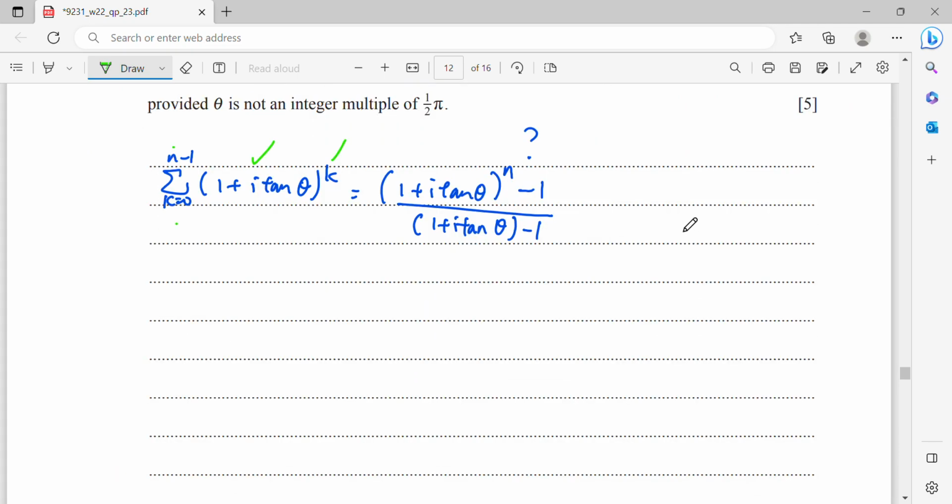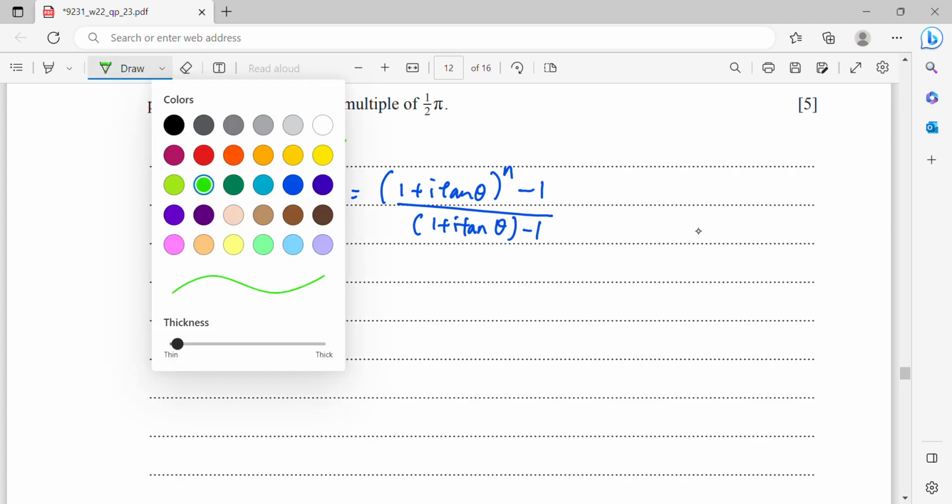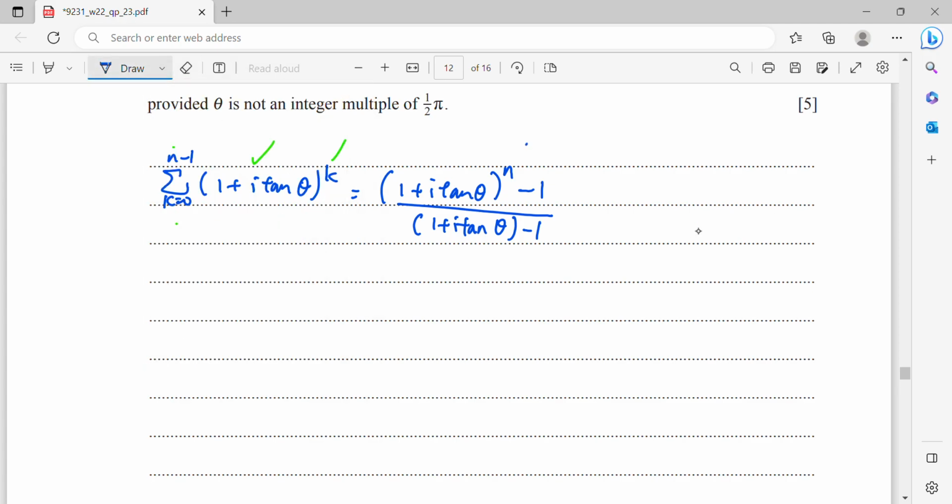Okay, so now here, you simplify first. I will get (1 plus i tangent theta) to the power of n minus 1 over the denominator, the 1 and minus 1 will be cancelled off.